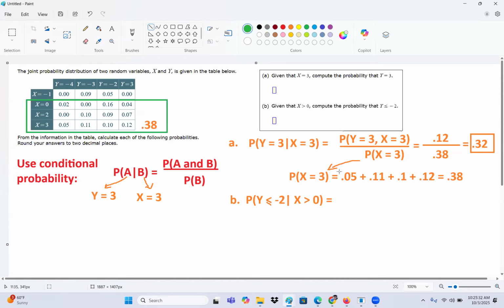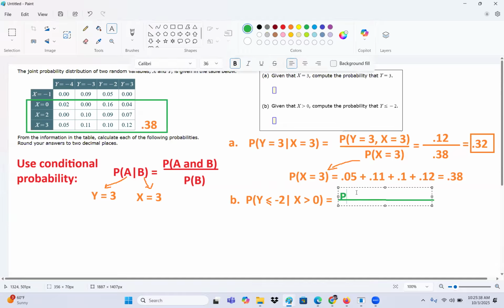So we're going to take the probability of y less than or equal to -2 and x greater than 0.